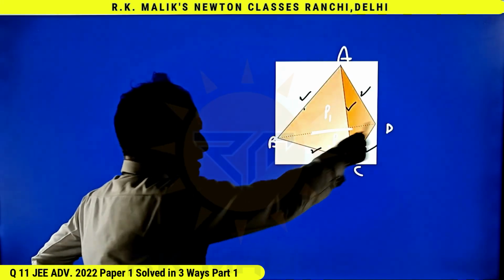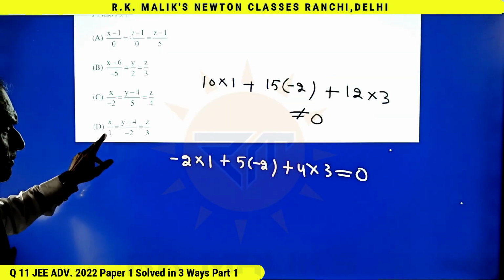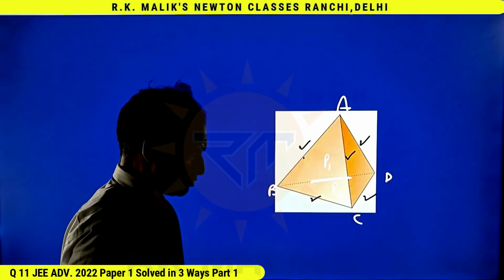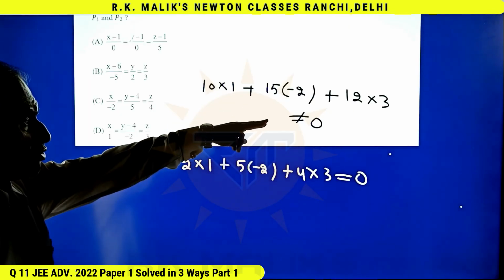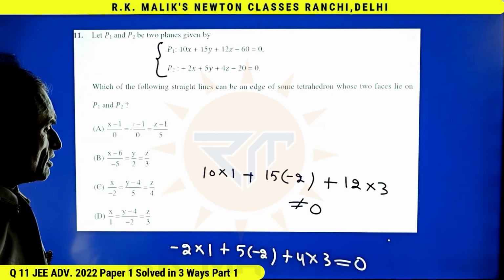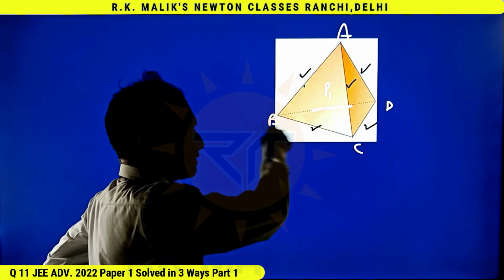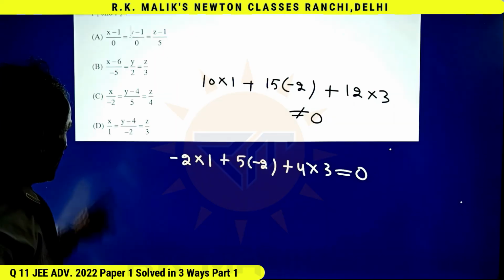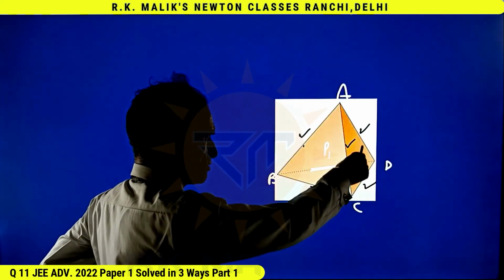And this line cannot be parallel to the line BD, because if it were parallel to BD, then it would be parallel to the plane P1 also. But we have already seen that because of this non-zero value, the line is not parallel to the plane P1. Hence, the line cannot be parallel to the line BD. Hence, we can say the line of choice D can be of the type BC or CD.